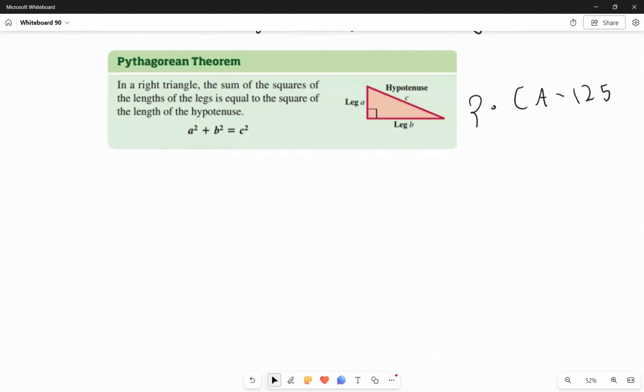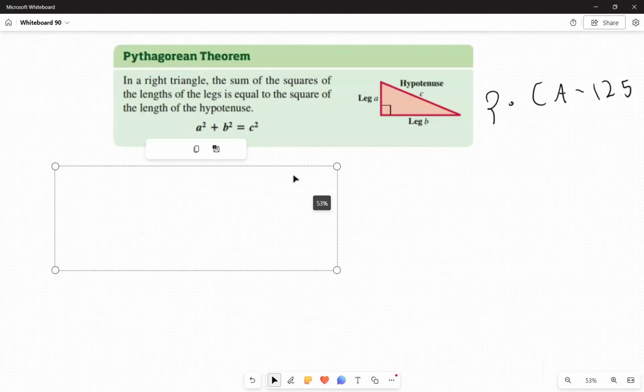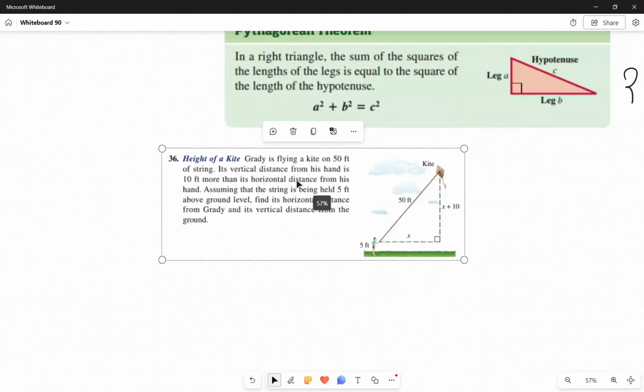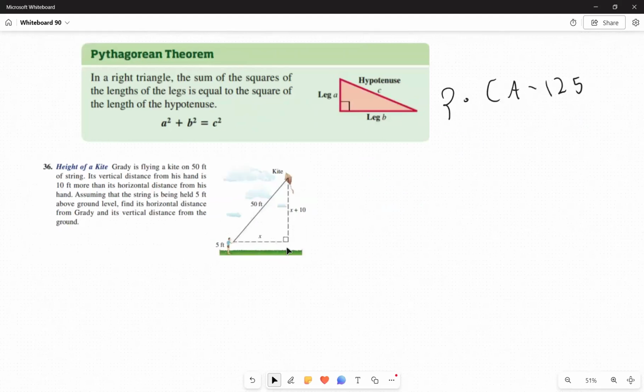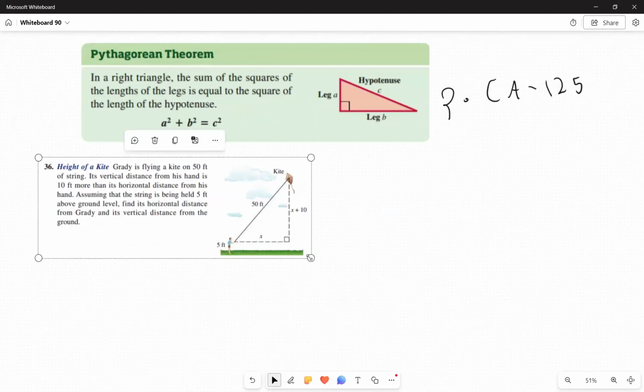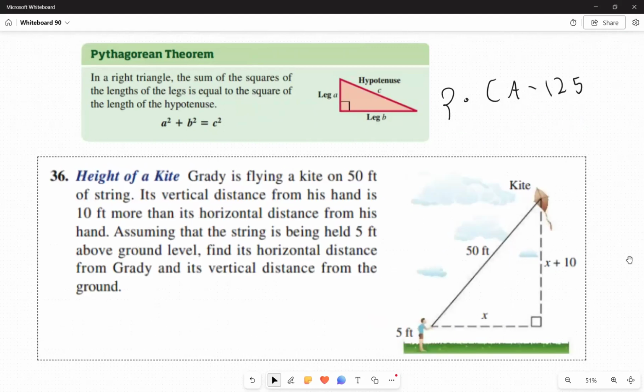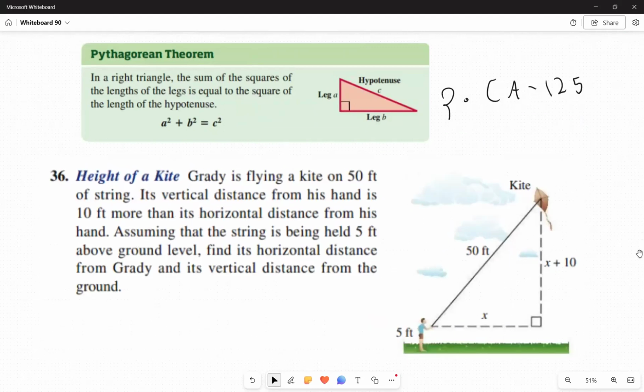The nice thing is that here they already give you the right triangle. The Pythagorean theorem says that in a right triangle, the sum of the squares of the lengths of the legs is equal to the square of the length of the hypotenuse. We're going to use that to solve this word problem.